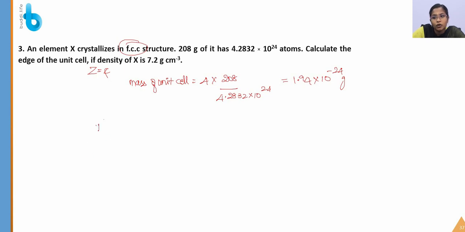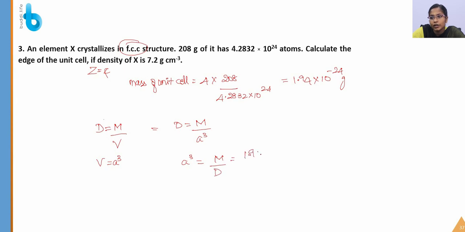So we know the simple formula, density is equal to mass by volume. Volume is nothing but edge length cube, A cube, the unit cell dimension cubed. So mass is 1.94 into 10 power minus 24 gram, and first we will substitute this A cube in the volume. So A cube is equal to mass by density.